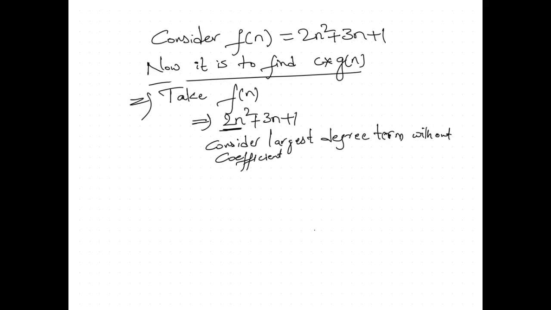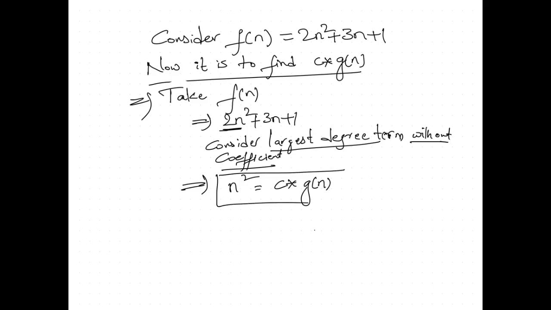So when I consider the largest degree term without coefficient, I'll get n square. Now this n square is c times g of n, I have calculated. When n square is equal to c times g of n, what is my c value now? C is equal to 1. What is my g of n?